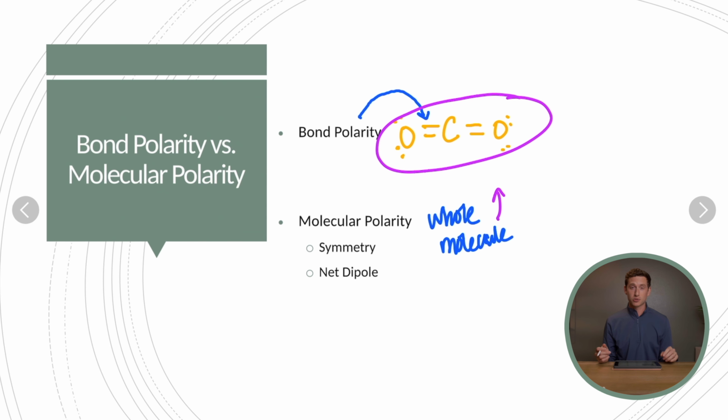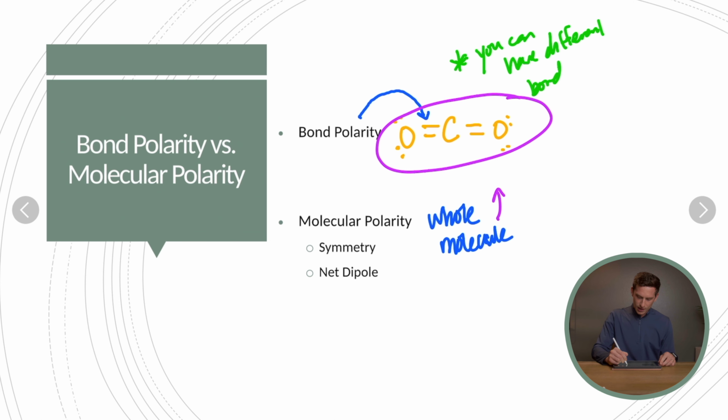They're very much related, but there are some differences. Let me also asterisk this by saying that you can have different bond and molecular polarity. One might be polar and the other might be nonpolar. So we kind of got to pay attention.